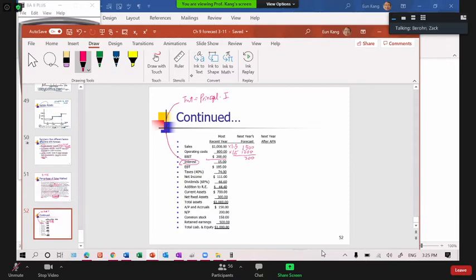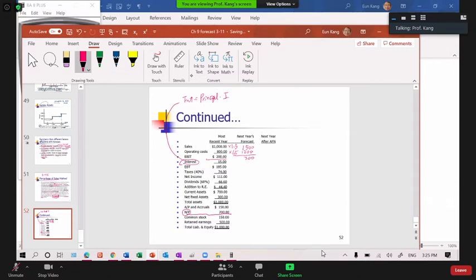Is interest $16? What did you do? 8% of notes payable. Check. Bingo. Notes payable is 200, and there is no long-term debt, so you don't have to add long-term debt.